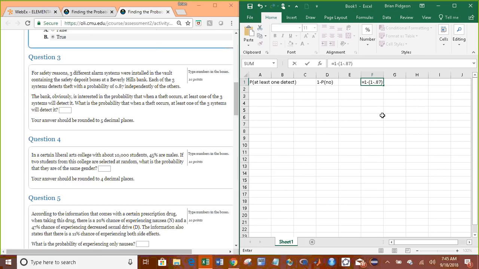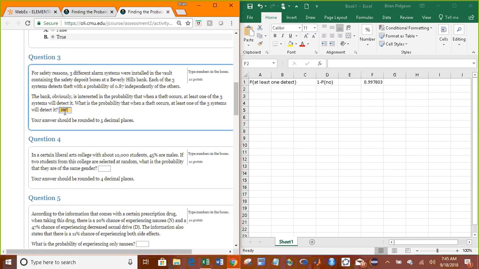We're looking for none of the systems detecting it, so all 3 have to fail: the first system fails, the second fails, and the third. Because these detections are independent, we can just multiply all 3 together, giving us 0.99780, 1, 2, 3, 4, 5.